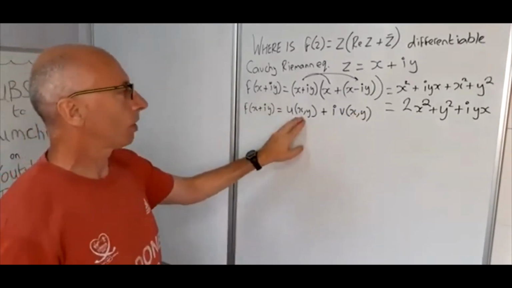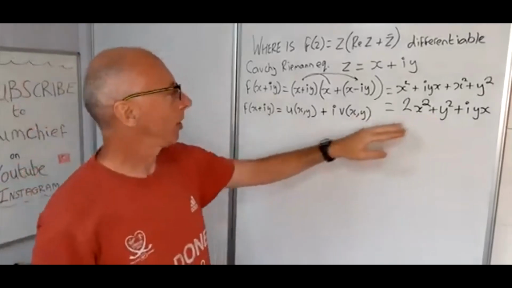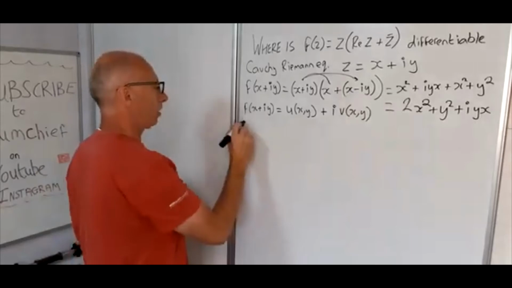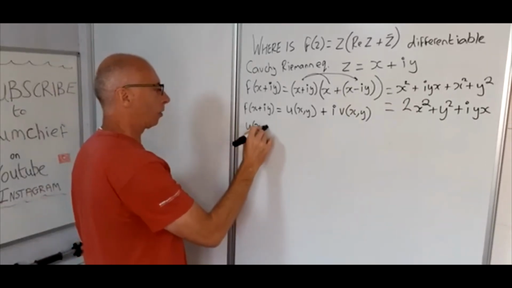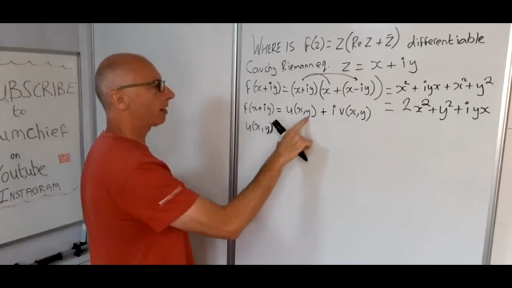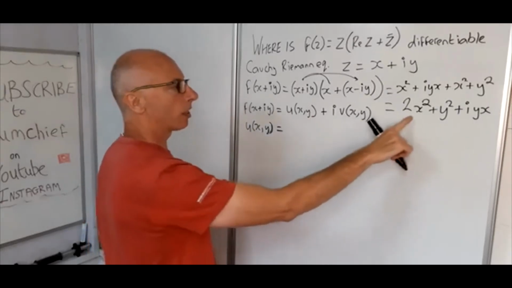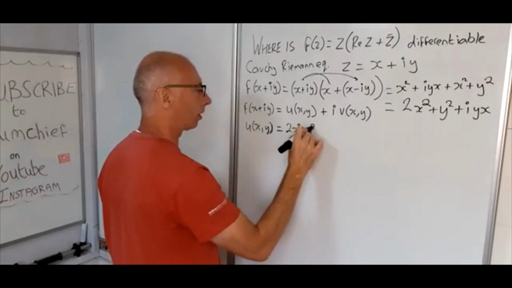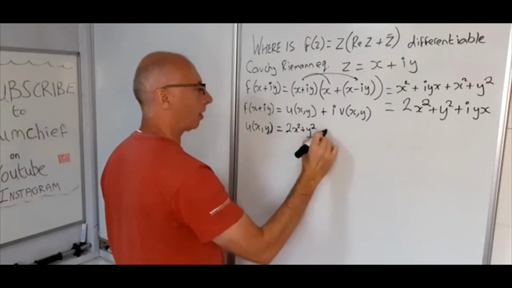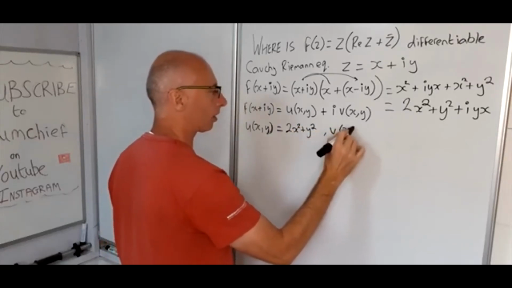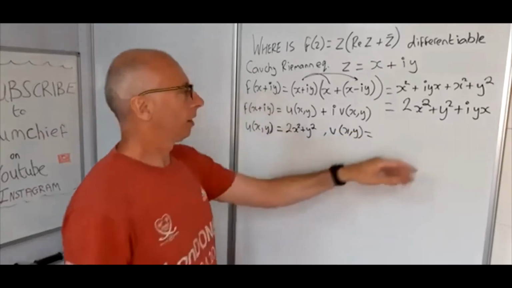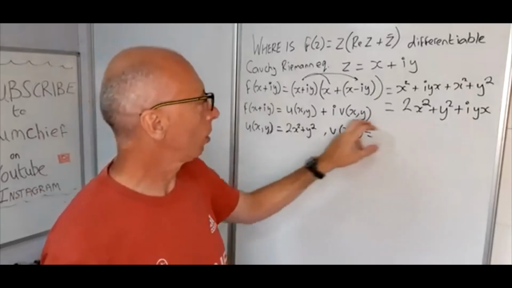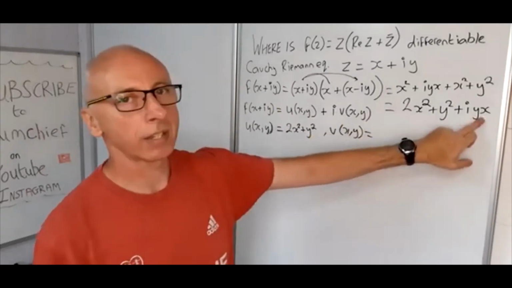So now all we can say is that u of x comma y is this one, and v of x comma y is this one. So u of x comma y in this case is the real part. So that's 2x squared plus y squared. And then our v of x comma y, that's our imaginary part, so we don't need to quote the i because we already know it's the imaginary part. So that's now just yx.